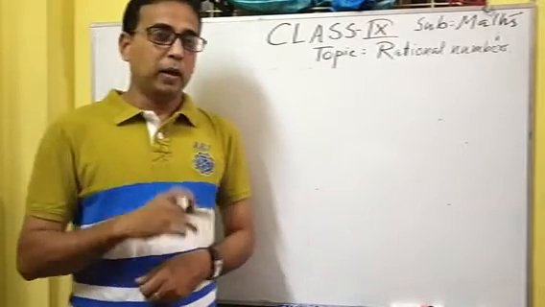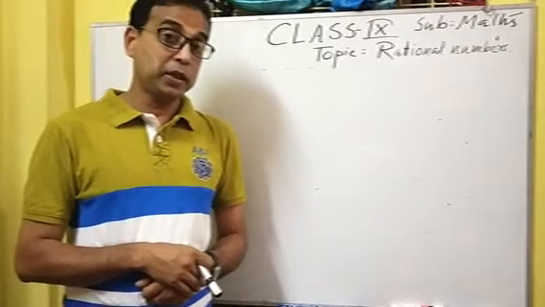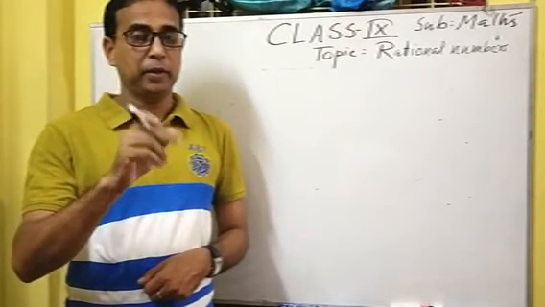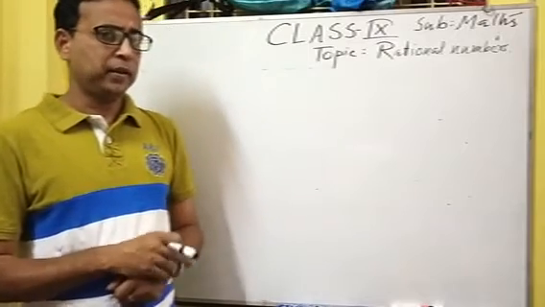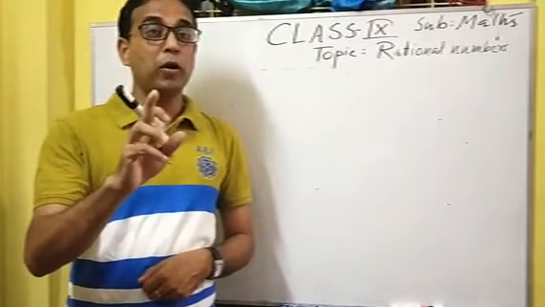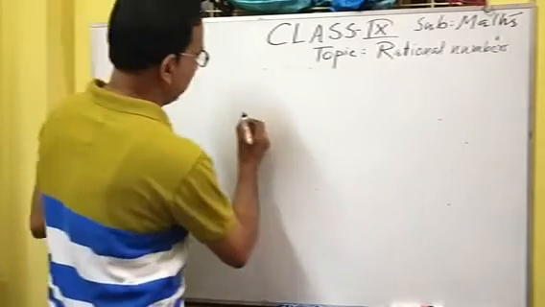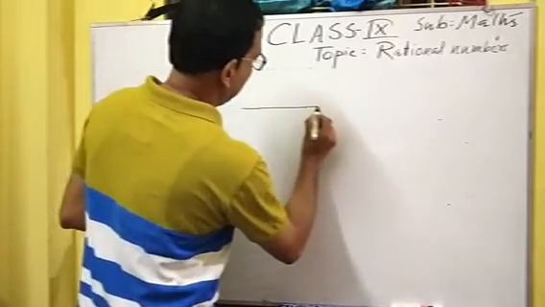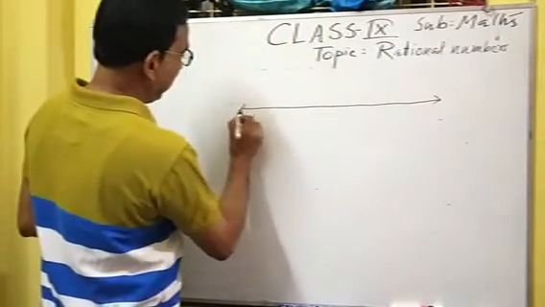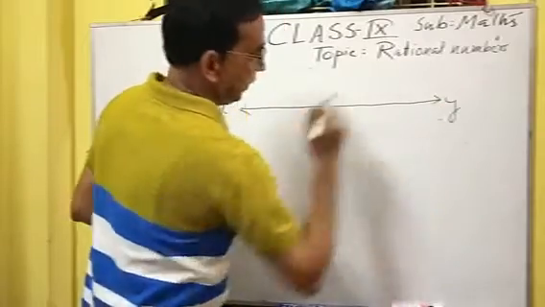Now, I shall discuss the representation of a rational number on the real line. To represent a rational number, you have to draw a real line. Draw a real line XY.